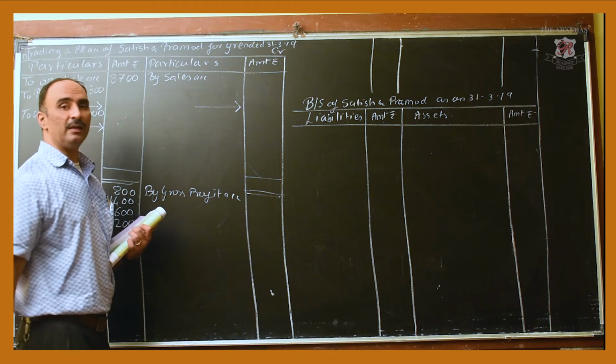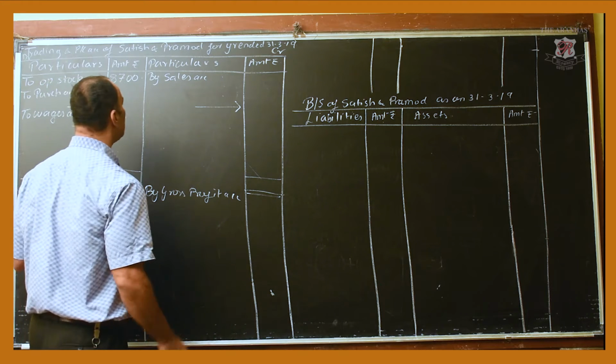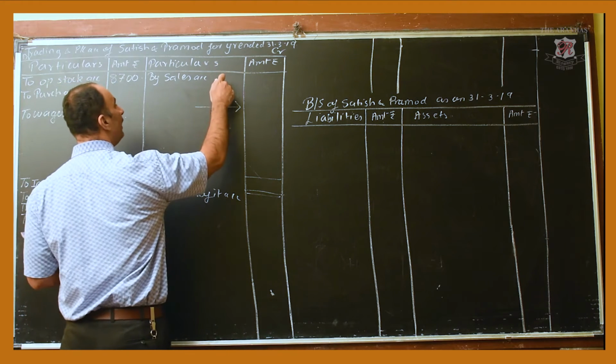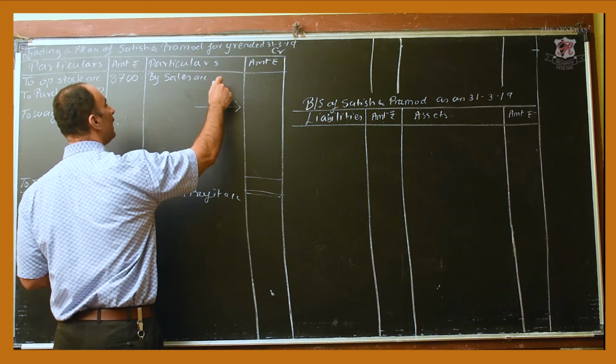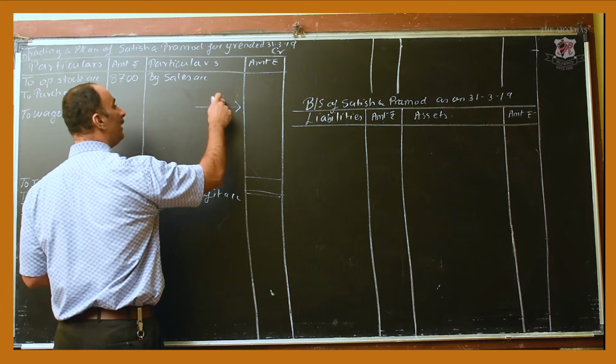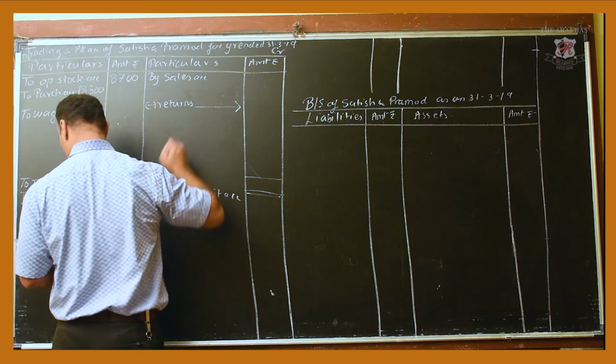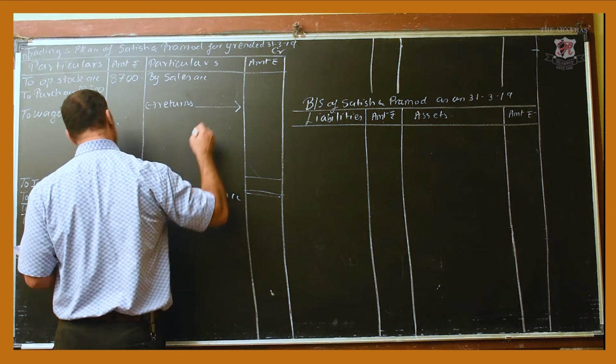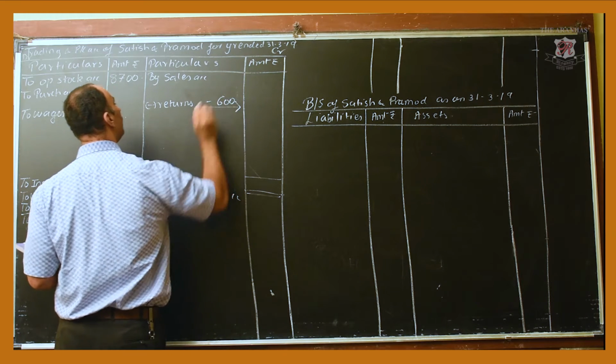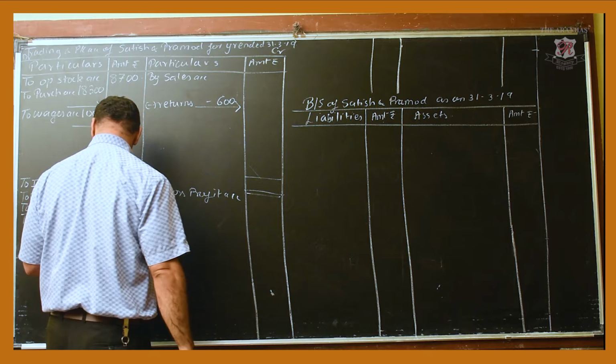So sales returns I will minus it from sales. What I will do is, I will leave the first sales, then I will leave 2 lines. On the third line, I will record minus returns. I will put the value there. So sales returns is 600 rupees. I will minus it last.